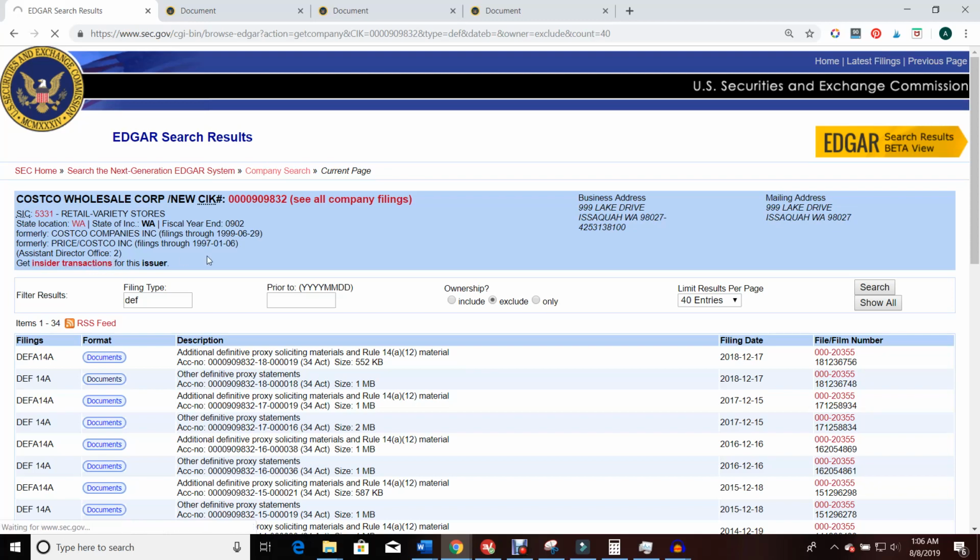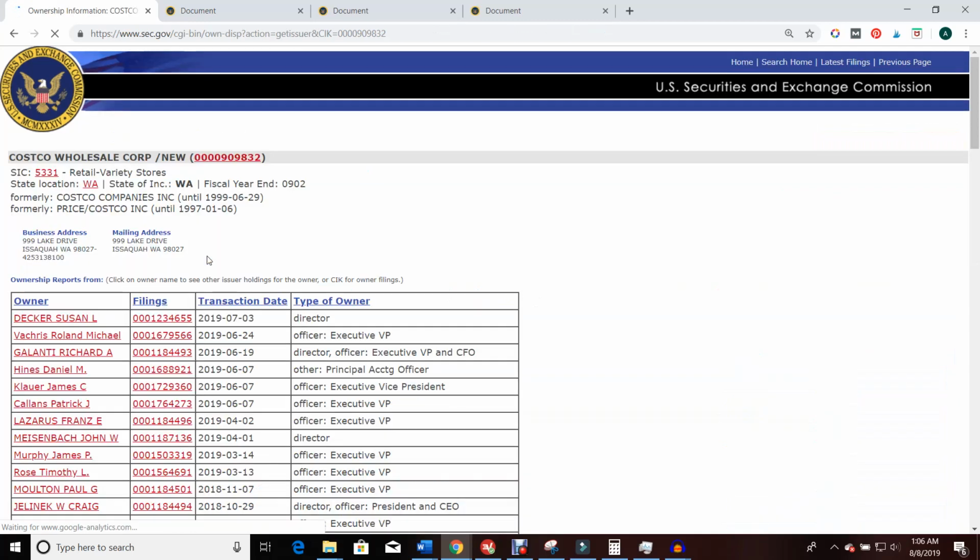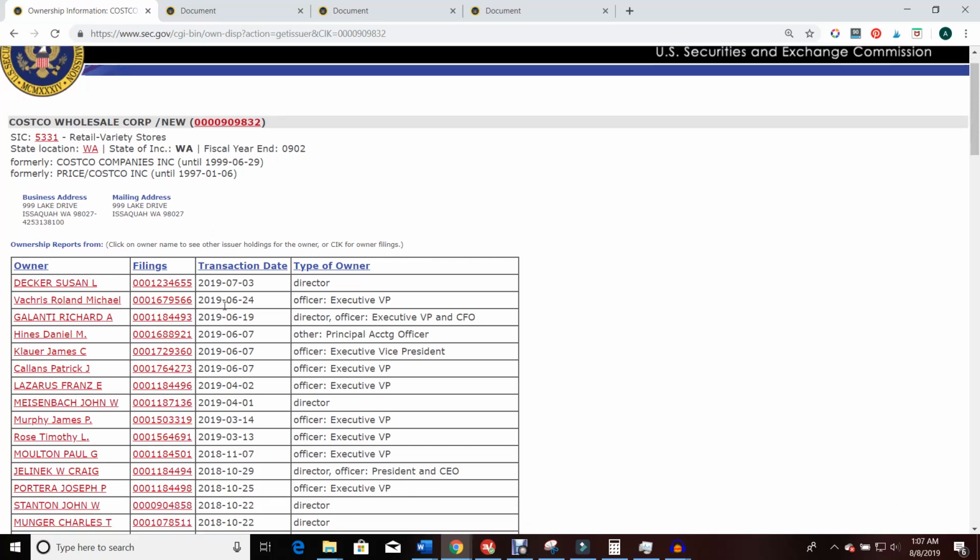So a Form 4 is basically a filing detailing the changes in executive share ownership. So it could be because they sold shares, it could be because they bought shares, it could be because the executives were compensated with stock options, it could be because they gifted some of their shares to a charity. So a Form 4 can arise for a number of reasons.